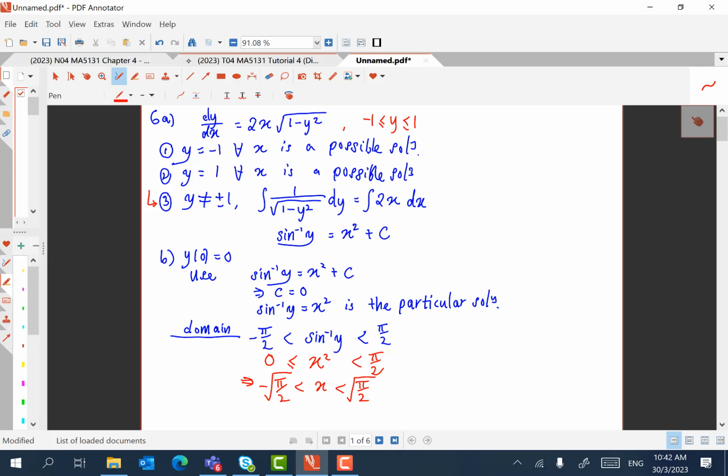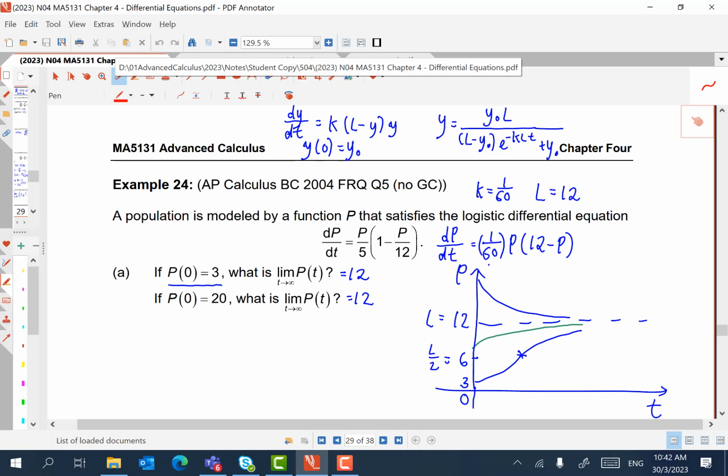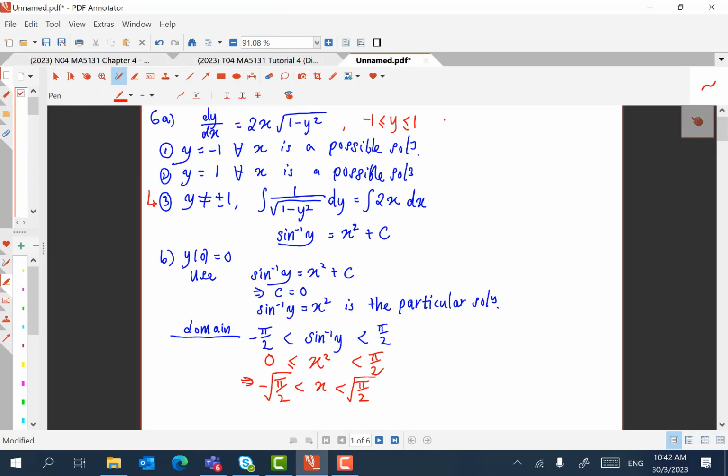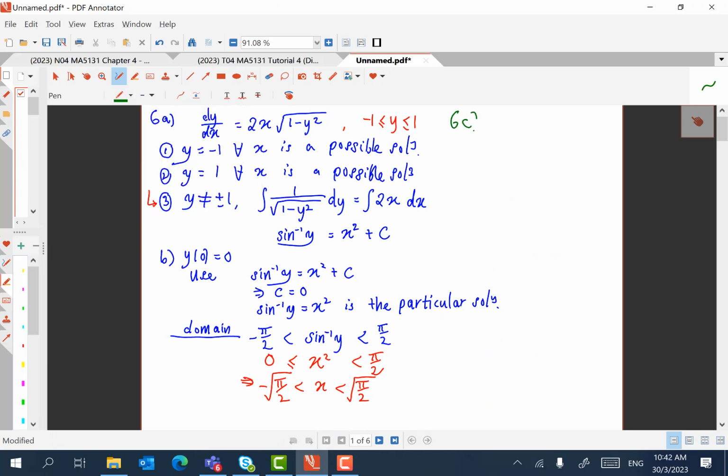Okay, that is 6B. Now 6C. It says y(0) is minus 1. If y(0) is minus 1, I cannot use the third general solution, and I cannot use the second general solution. I therefore have to use the first.